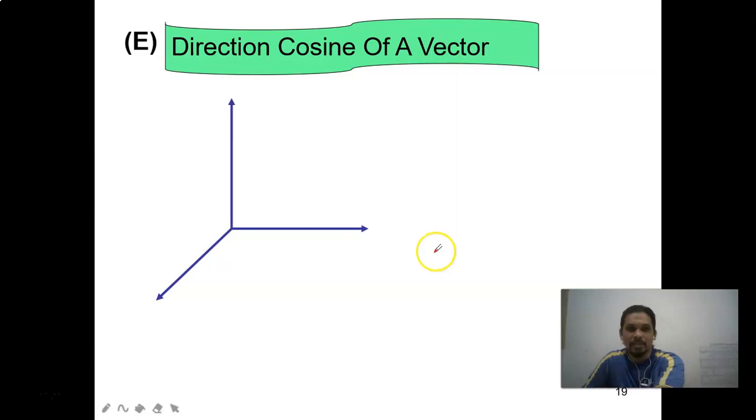And direction cosine of a vector. So from the origin point here, O or 0, 0, 0, the direction cosine of a vector.